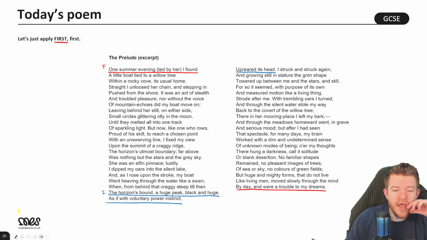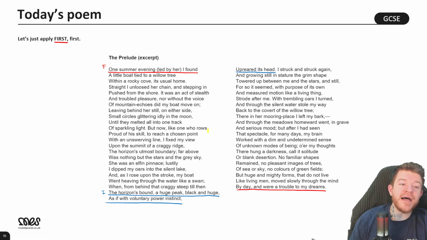Then repetition. Now, repetition is a tricky one. If you don't have an individual word that's repeated throughout the poem, then you can identify repeated motifs or themes, or you can even look at lexical or semantic fields that create a pattern of repeated ideas. Whatever it might be, in this poem we're lucky enough that we do have a few words that are repeated.